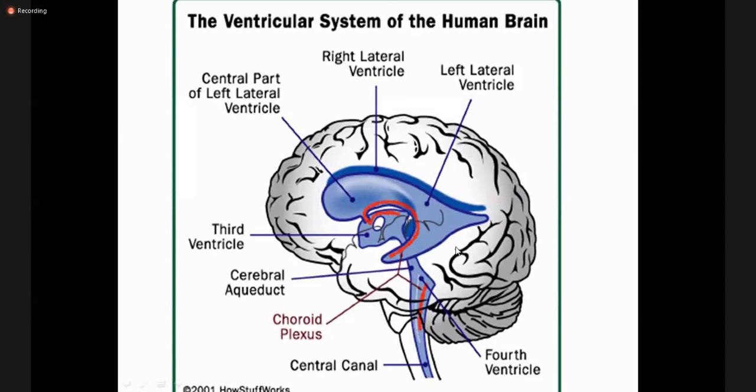But if the problem is outside the diagram, or when the problem is due to either increased production or reduced absorption in spite of normal flow within the ventricular system, then we call this non-obstructive or communicating.